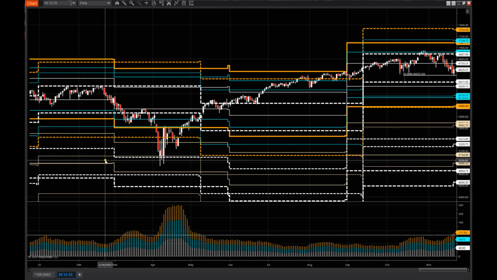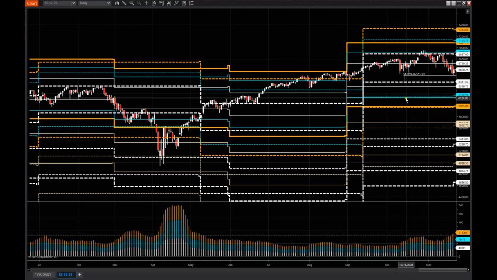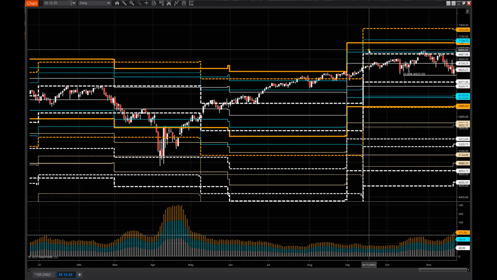So the open is in solid colors and the close is in dash colors so that we can see the difference. And the algos will trade to both. So we really want to be above the 67.29.25 to go long, ideally.